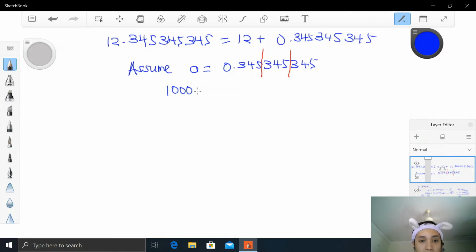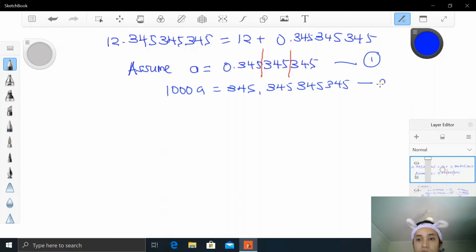So I multiply by 1000, and this becomes 345.345. This one is equation 1, this one is equation 2. And then I take equation 2 minus equation 1, what do I get?